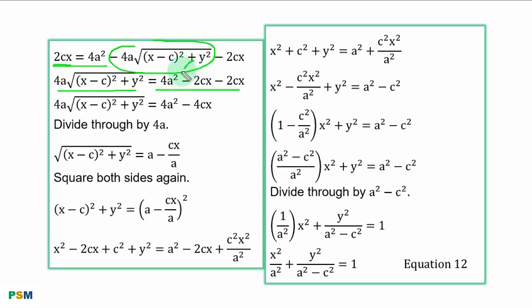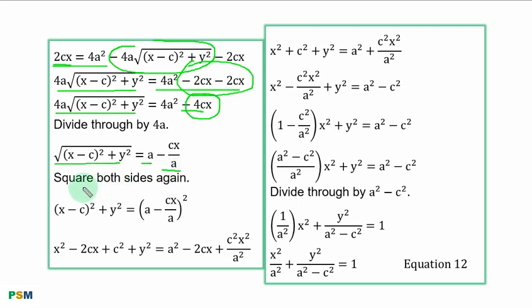If you add these two terms, you have minus 4cx. 4a can divide through. If you divide this term by 4a, you have this result remaining. You divide 4a squared by 4a, you have a. Divide this term by 4a. 4 cancels 4, you have cx over a.